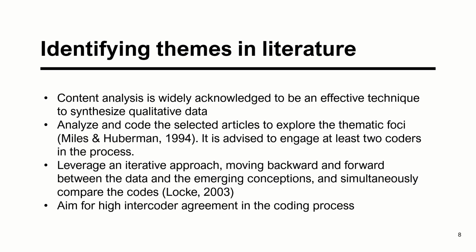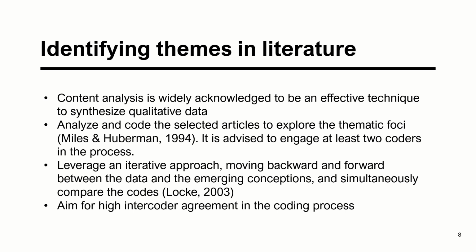Now, how do you go about identifying themes? Well, when you review literature, one of the key aspects you end up with is identifying themes. And there are several approaches to do this. One of them is content analysis, another is thematic analysis. Now, what you do within content analysis is you analyze and code the selected articles, and it's always advised that you engage more than one coder in the process.